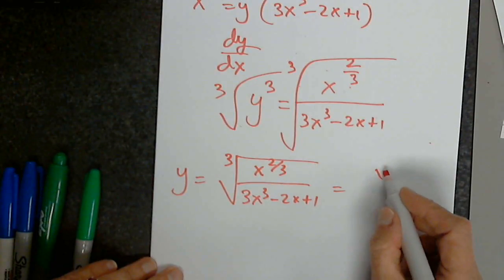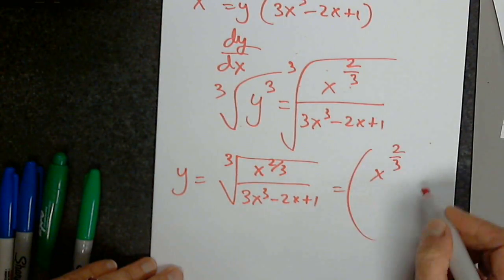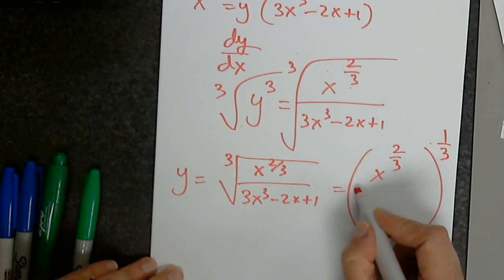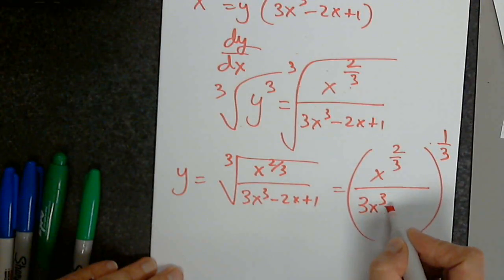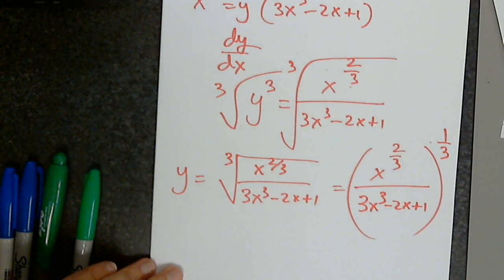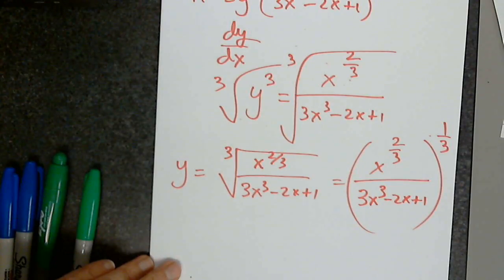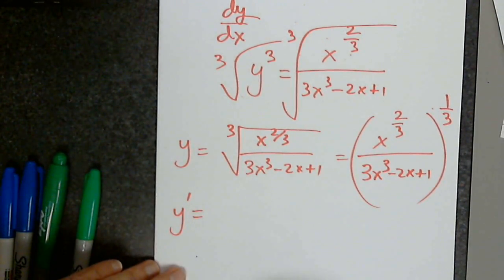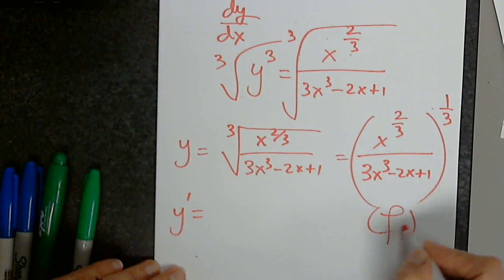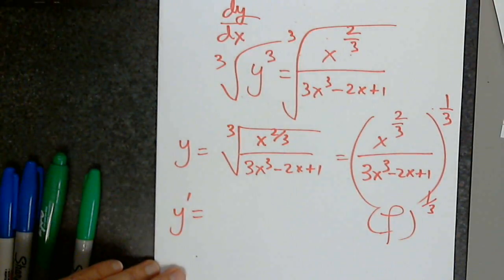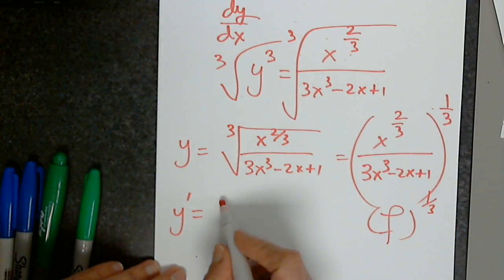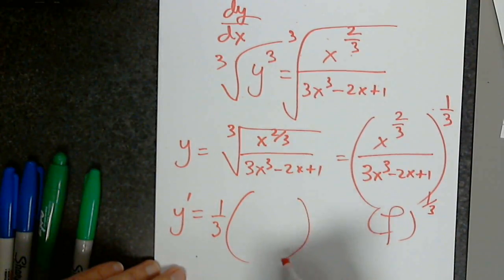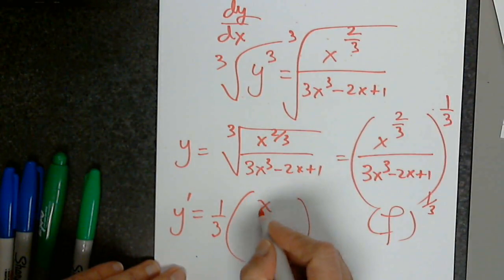So I will have to rewrite it as x to 2/3 divided by 3x cubed minus 2x plus 1. And now I will differentiate. So this is a function raised to power 1/3. So I have to bring 1/3 in front. I have to subtract 1 from the power.